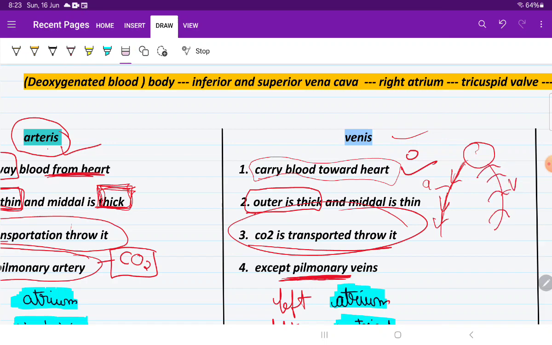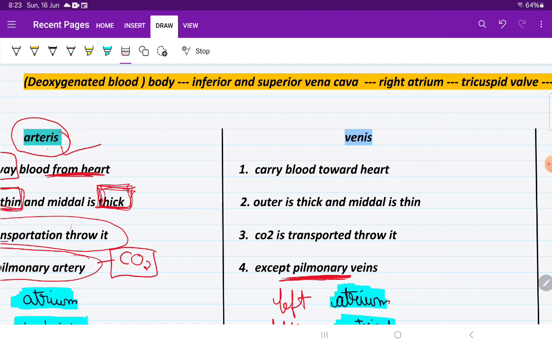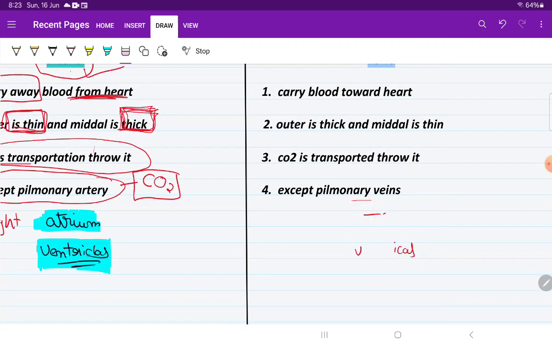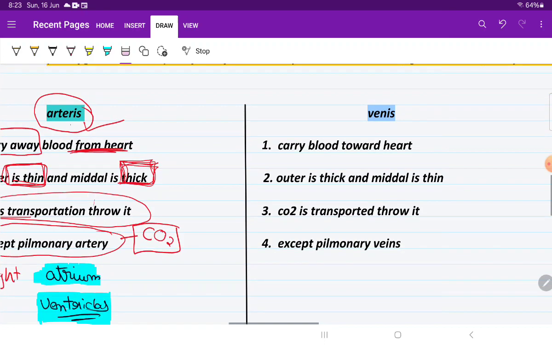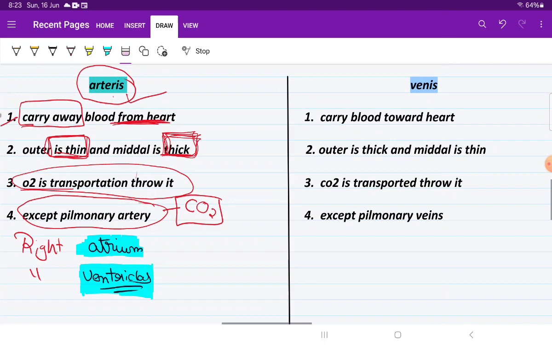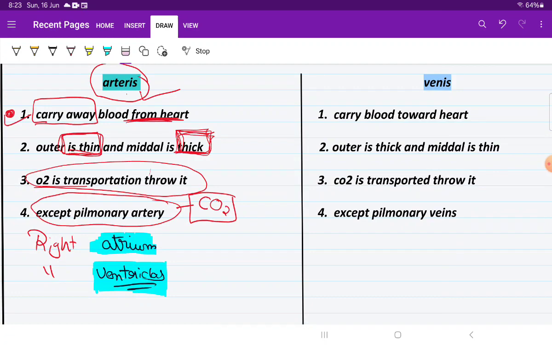Okay, so I have one question for you. Let me know, in arteries or in veins, which one has the fastest and highest blood flow?